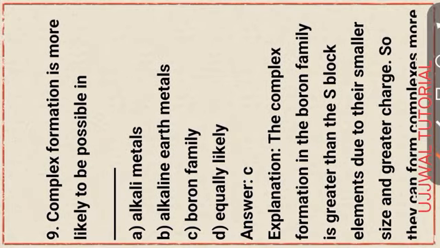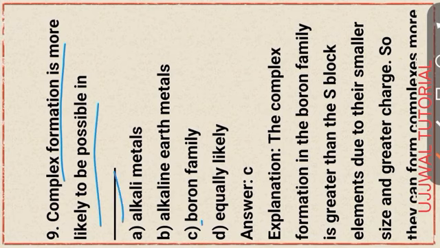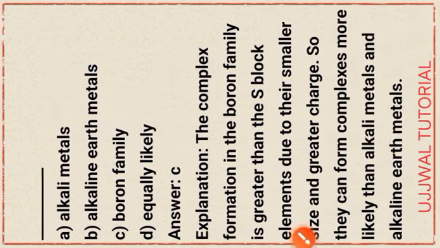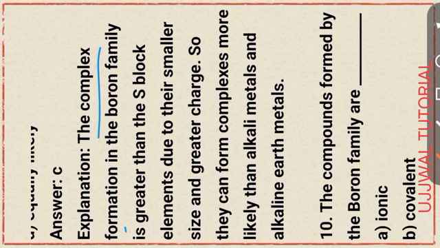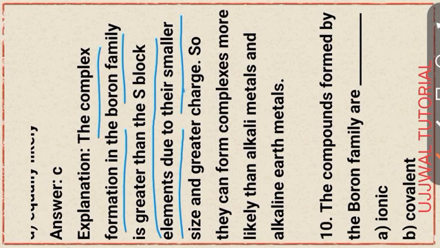Next question, question number 9: Complex formation is more likely to be possible in option C, boron family. The complex formation in the boron family is greater than in the s block elements due to their smaller size and greater charge.